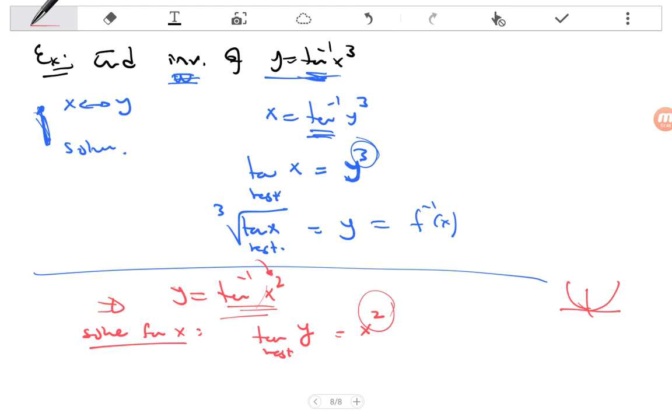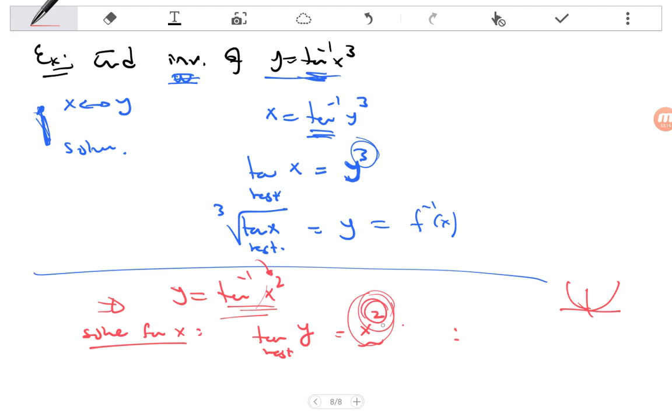Now, to cancel the effect of squaring, I need to operate with a square root. But if you remember, the natural squaring doesn't have an inverse. In order to have an inverse for the squaring, x squared must first be a restricted x squared.